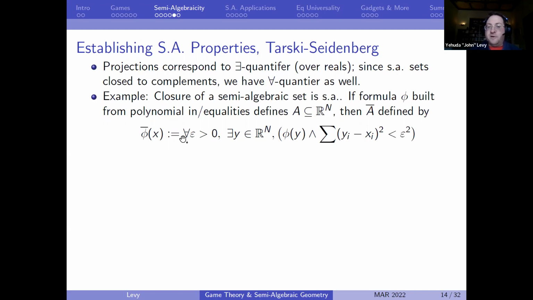It's all the points such that for every epsilon, there's a point in Rn which is in the set and whose distance is close enough to it. Without verifying it explicitly, from topology 101, using some sequence of quantifiers here, you can express closure. Therefore, if your original set was defined by a formula with polynomials, so will the closure.